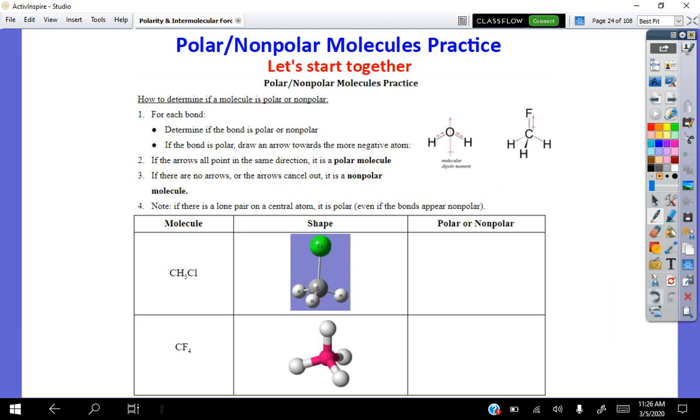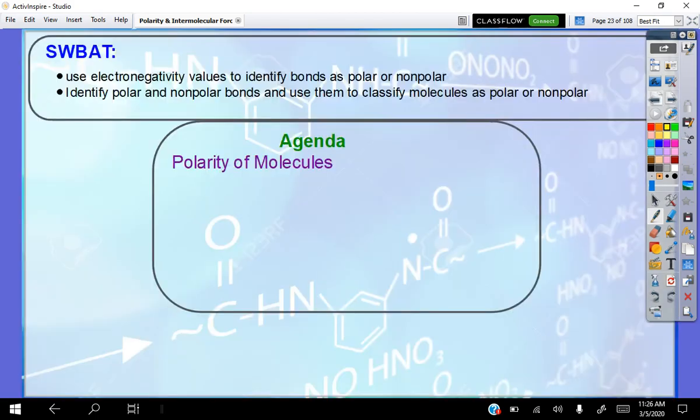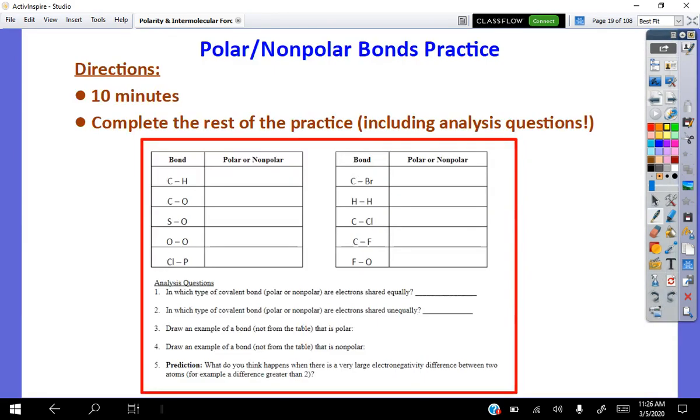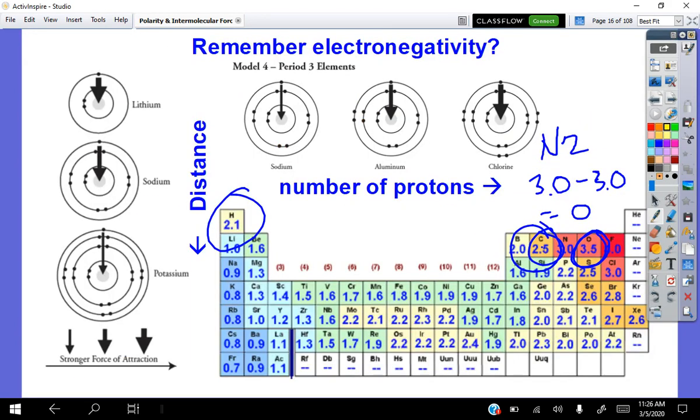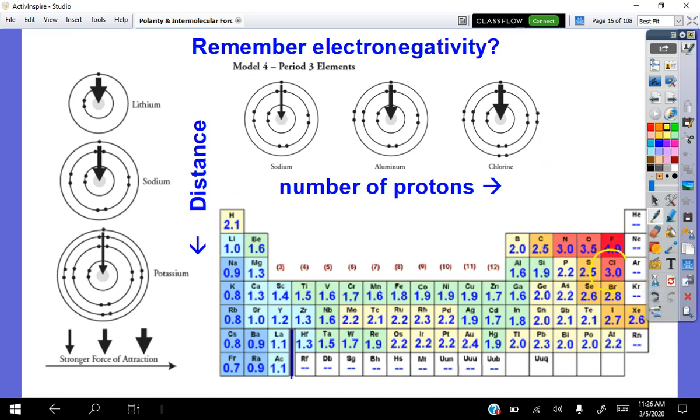If we look at our first example, the CH bonds here are not polar, so I don't need a bond dipole there, but I do need one from my carbon to my chlorine. Chlorine, if I look back at an electronegativity table, is at a value of 3.0, whereas carbon's at a value of 2.5.